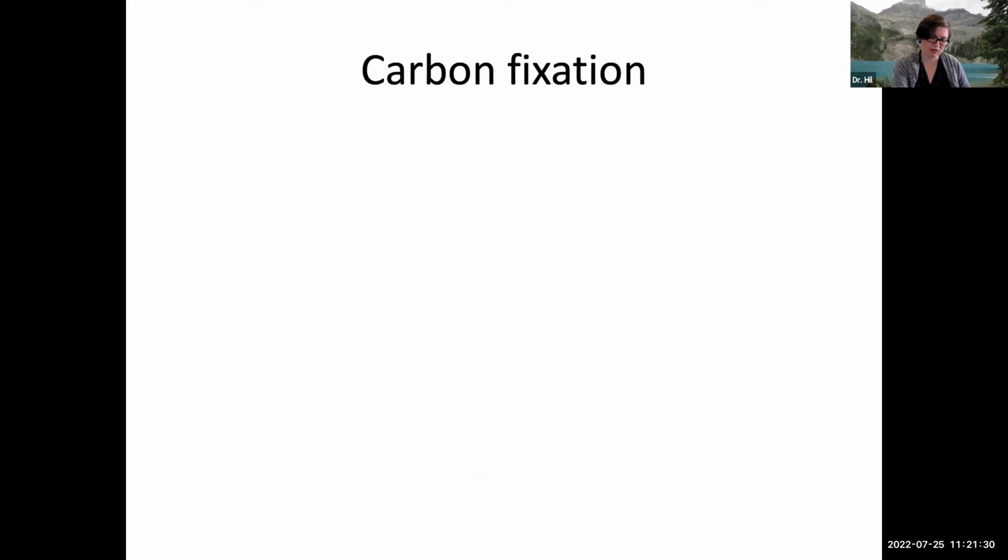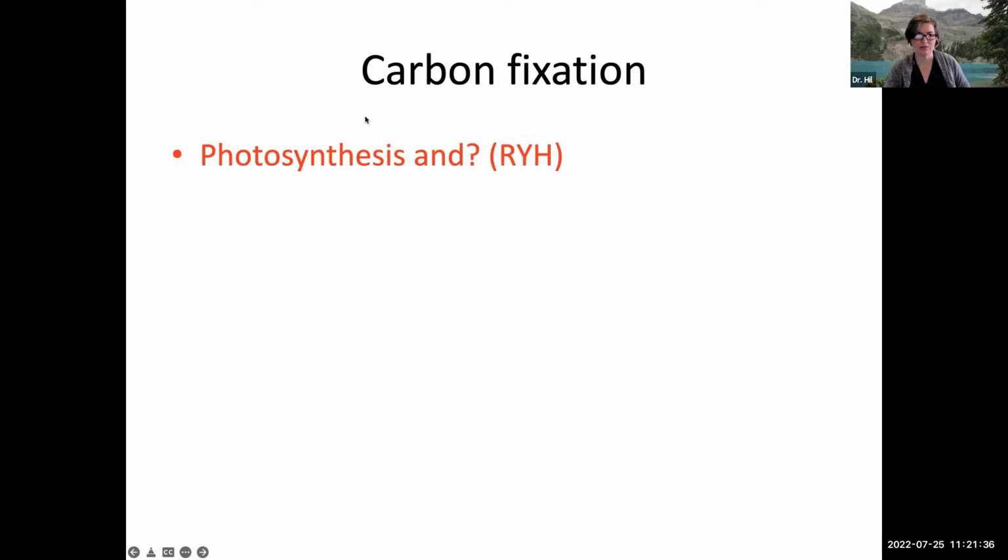So let's have a look at carbon fixation. There's the most well-known and well-understood one, photosynthesis. Most people have heard of this to some degree or other. In the microbial world, however, there's another process that's also a carbon fixation process that happens in a series of organisms that don't have the ability to do photosynthesis, in part because they don't live in a light-filled area.